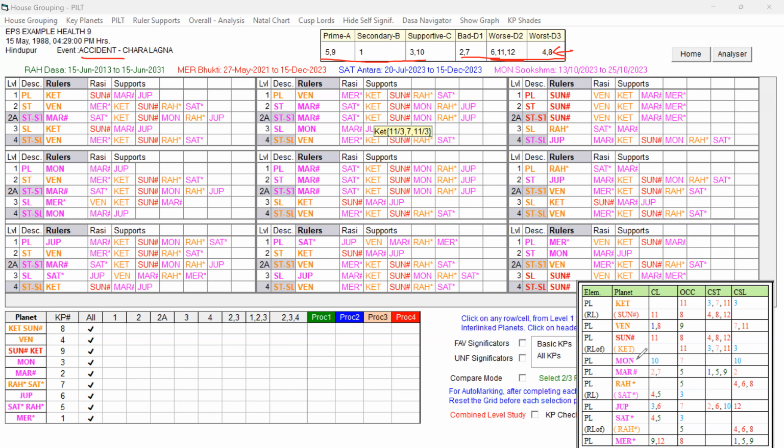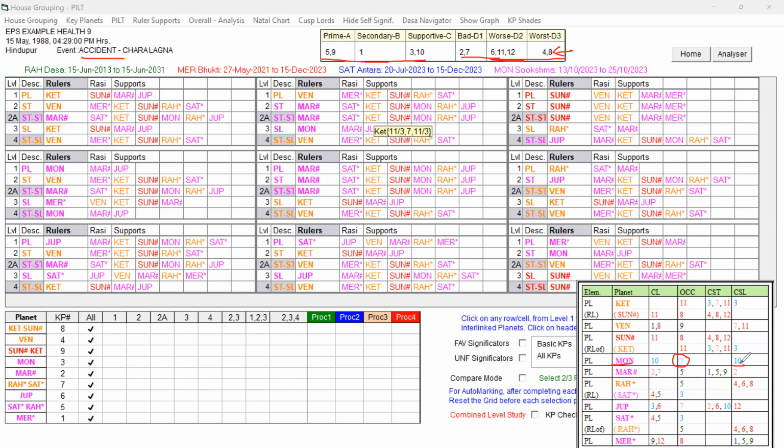How do we differentiate within the pink shades? For example, take the pink shade Moon, the 10th lord occupying the 7th house, and the 10th sublord. 10 and 10 is not unfavorable. It is supported to the Lagna, but occupying the 7th house is indicating weakness. It is Maraka, right?